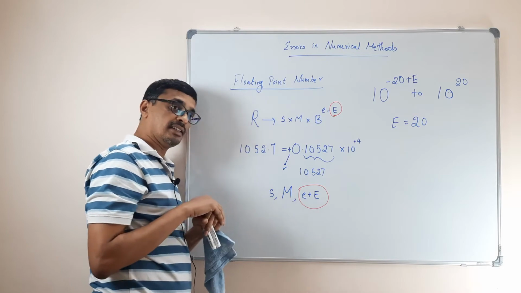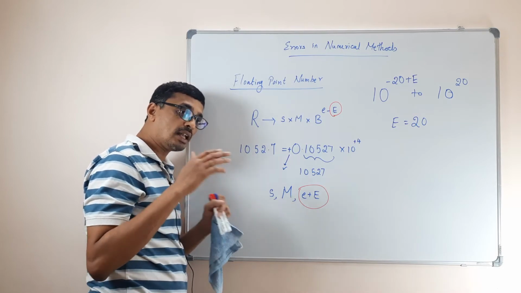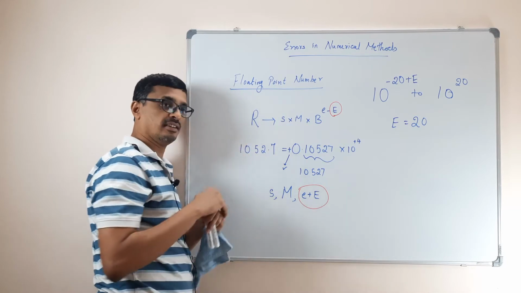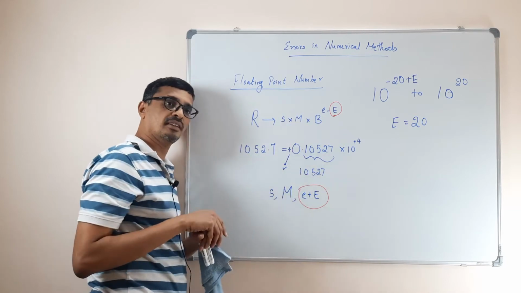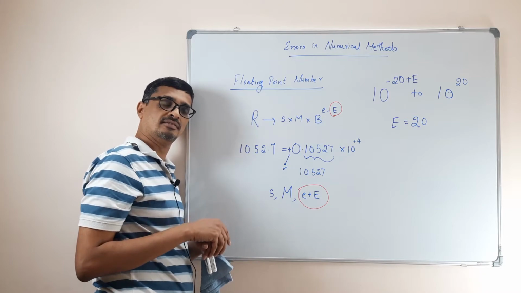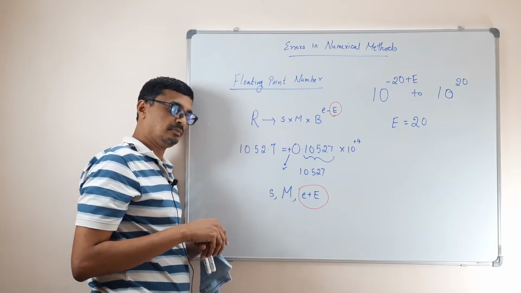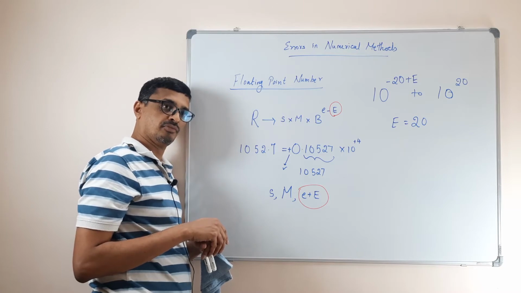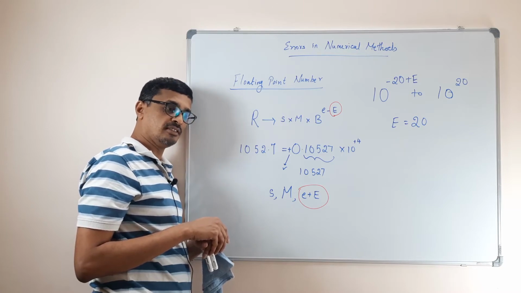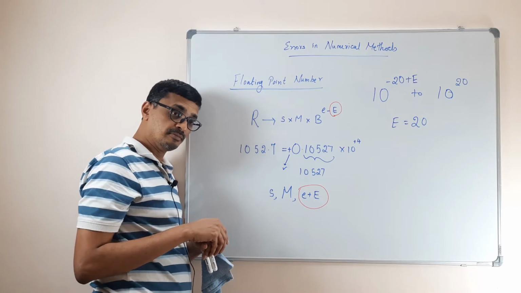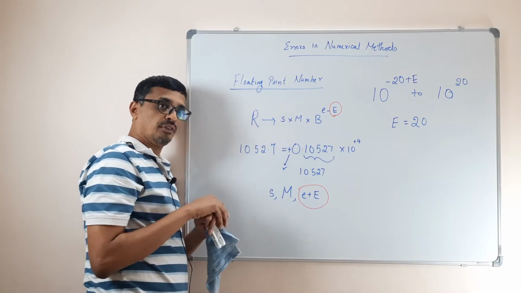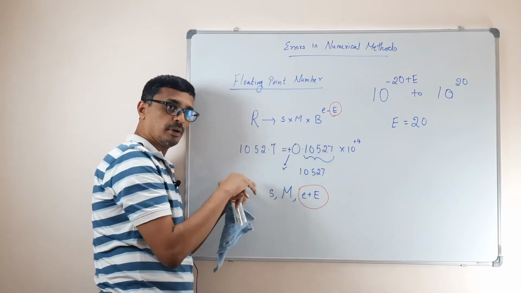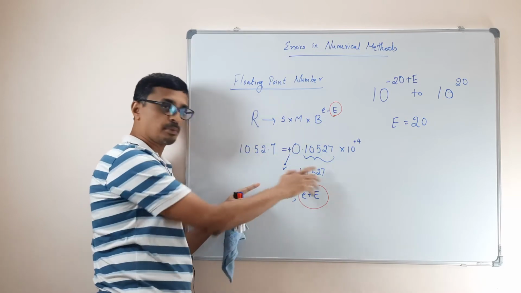So now you tell me, what decides the smallest and the largest number that can be handled among these quantities? Did you get the question? The question is this. You are storing a real number, a floating point, in this representation.